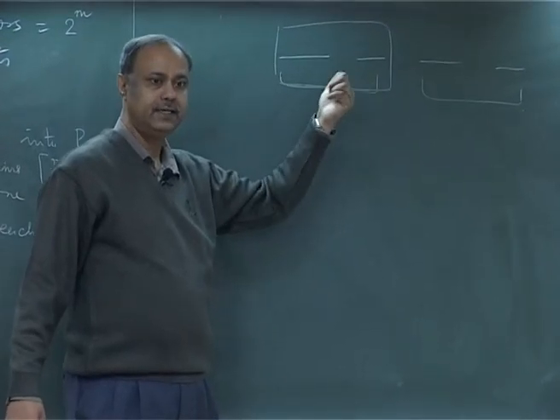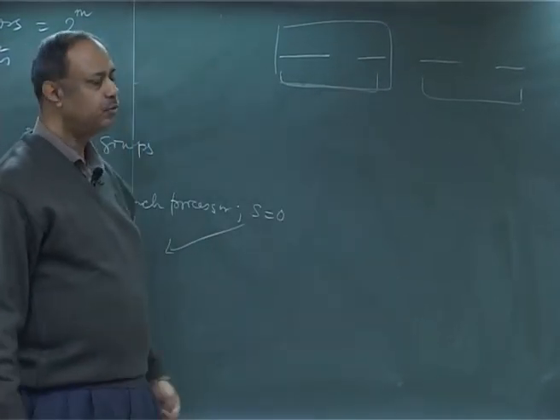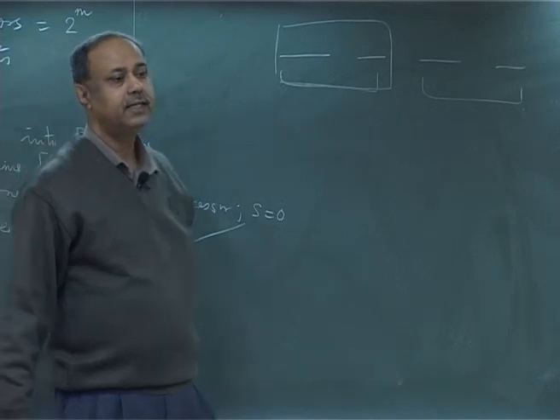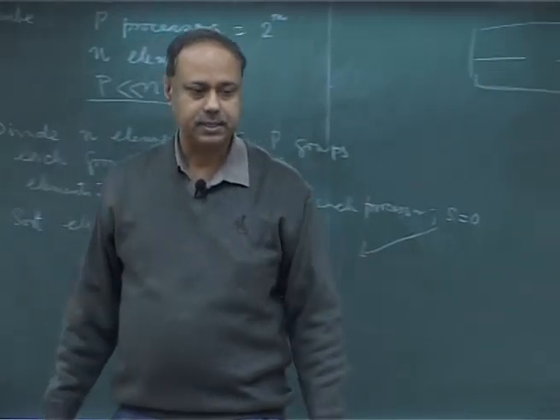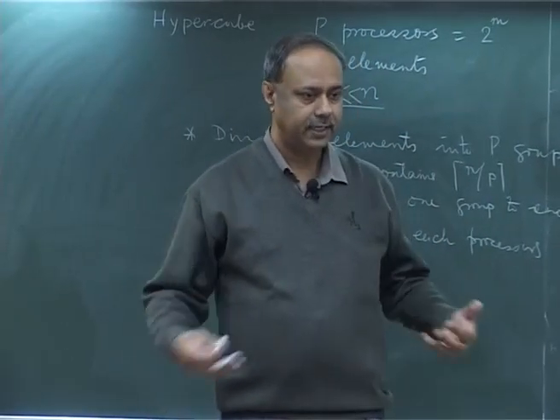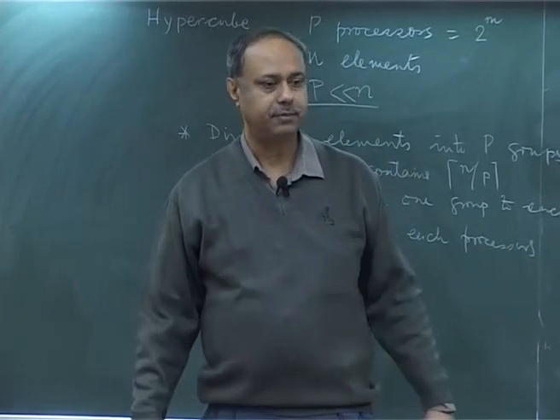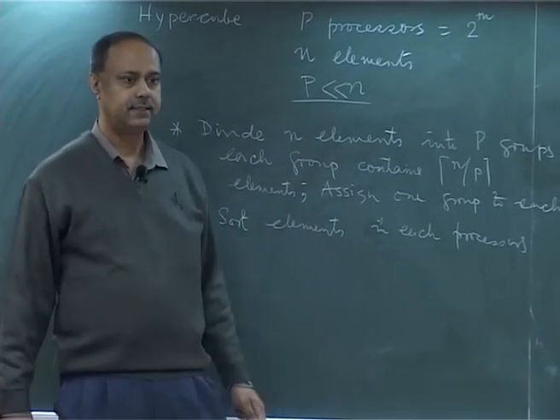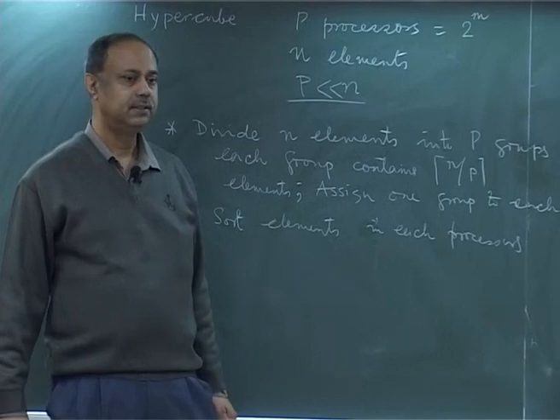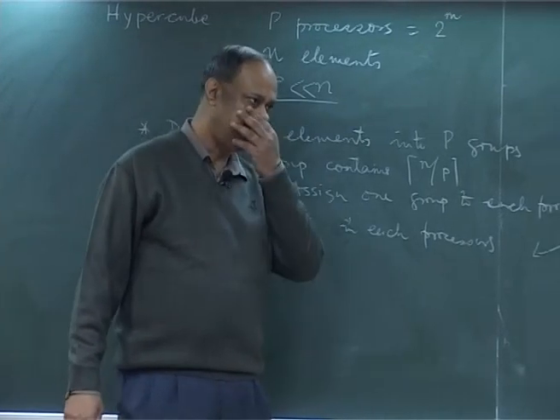Agreed? Here you have two processors and subsequence size 2n/p, and you have to do the bitonic merge. Yes? If it is the case, what is the time you did?